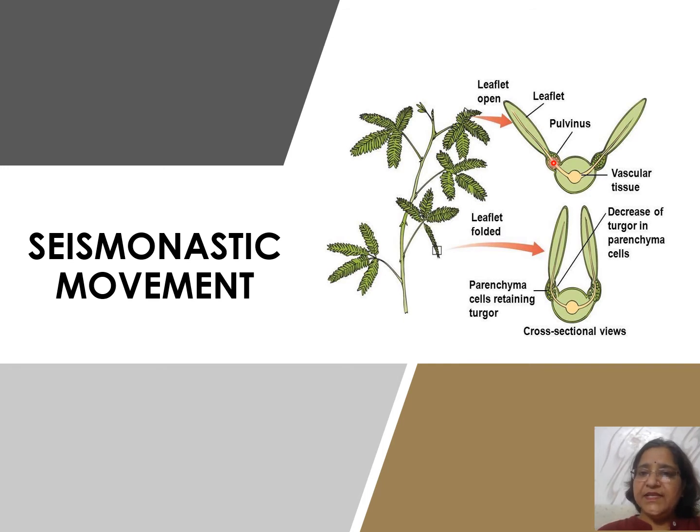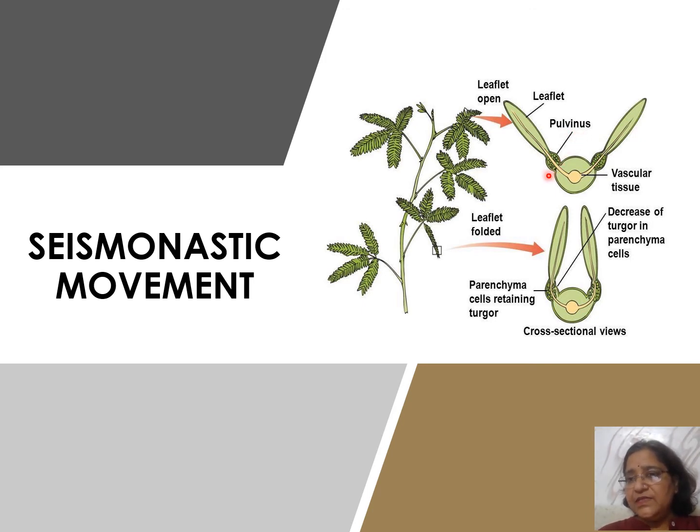When the leaf is expanded, it is like this in the cross sectional view, and when it is closed, the leaflets are very close to each other. This is the expanded view. You can see here what actually happens. These are the pinnae, and the base of the pinnae has the swollen part which is known as the pulvinus.